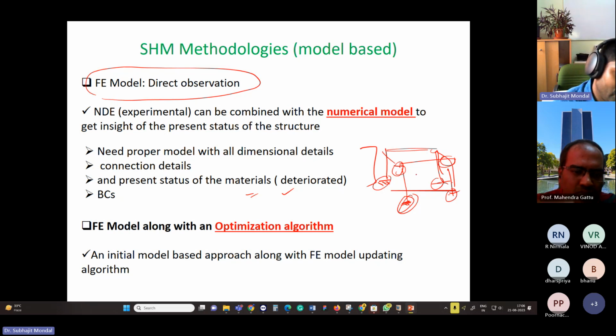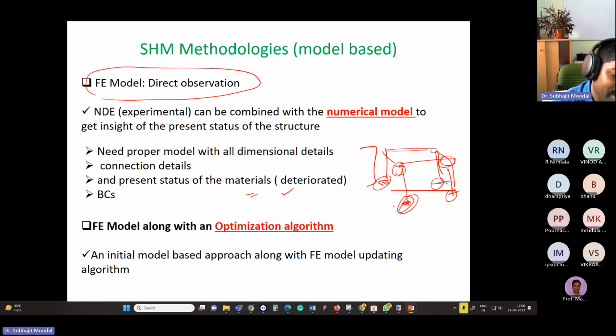Okay, so now what can we do? We have visual inspection, which has limitations. We have our NDT testing, again with some limitations. We can go for finite element modeling, again with limitations. Now what we can do is combine the things. We can combine the NDT testing data and the finite element model.